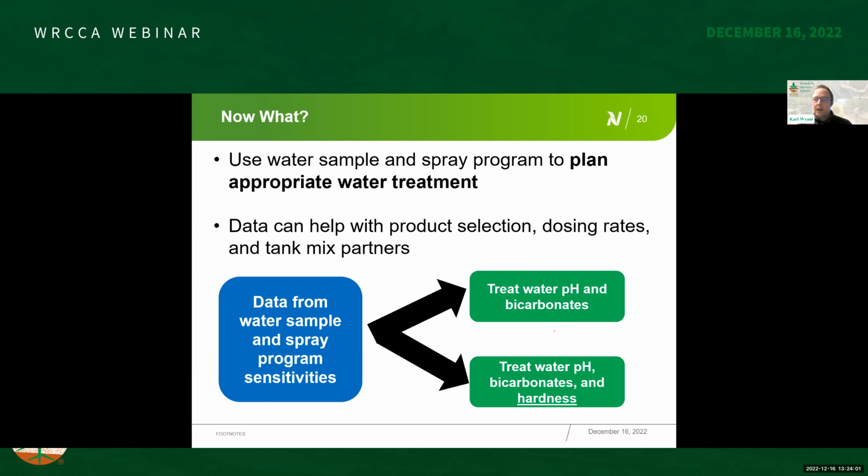What do I do? Well, I think there's a dual path here, and you've got to have the water sample to really help you out. So we've grabbed that, this blue box here on the left. We have our data, and now we have a decision tree. The easy decision tree is the first option here, I'll mark it with a 1. That's if you just have a pH or a bicarbonate issue.